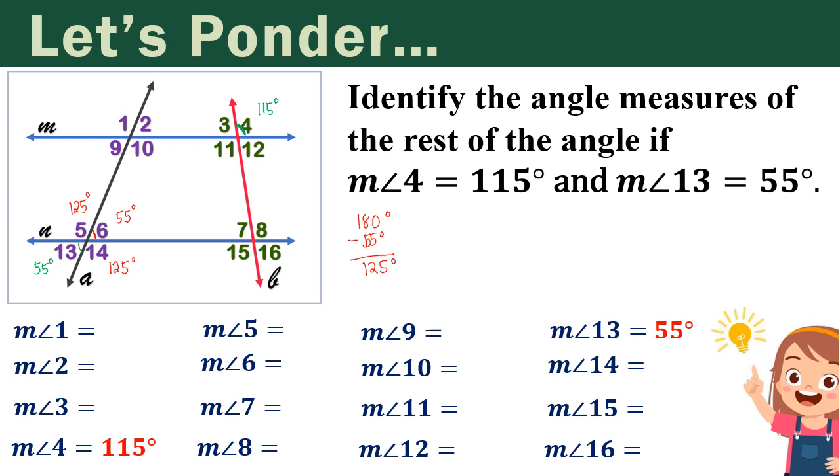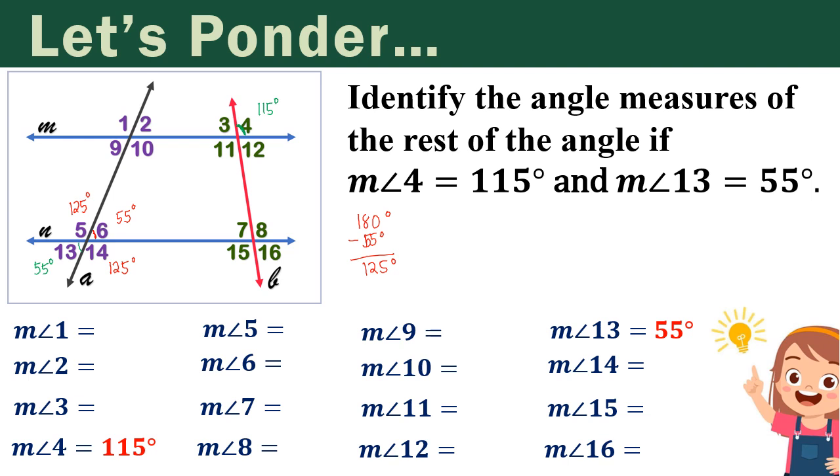Let's look into the corresponding angles, or maybe you can apply the same side interior angles or exterior angles or any other angle pairs that we've discussed. But as for me, I'm going to apply this time the alternate interior angles, and we all know that alternate interior angles are congruent.